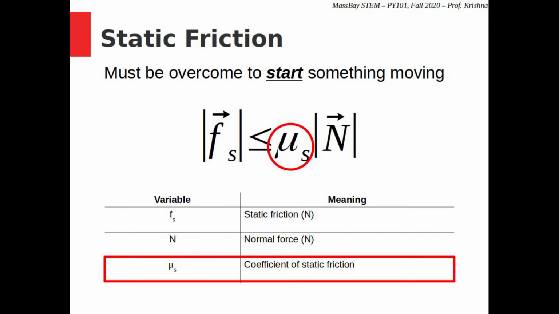The coefficient of static friction is a number with no units. It tells you how slippery two surfaces are. It depends on the materials that are being used. Trying to push a wooden object on a wooden floor is harder than trying to push the same wooden object on ice.